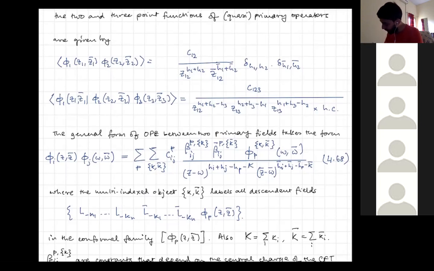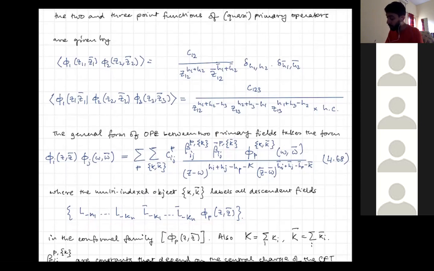Now let me try and just say this a little bit more clearly. There are these multiple indices. So these k's out here actually label all these descendants, all of these guys. These are the k's. And if you wish, you can write down what these are.